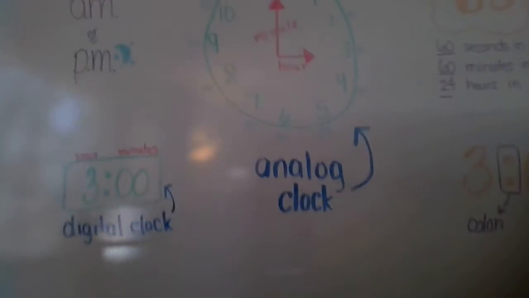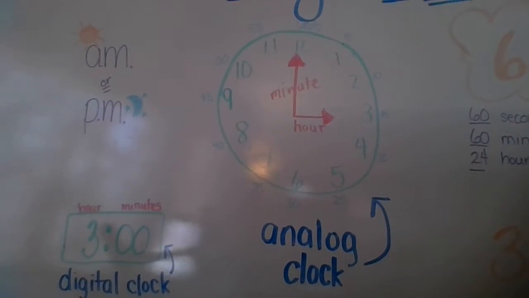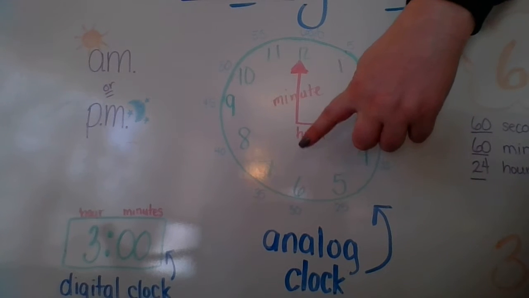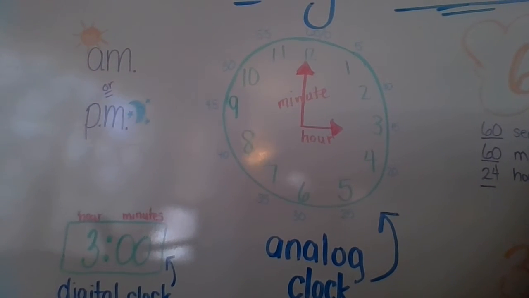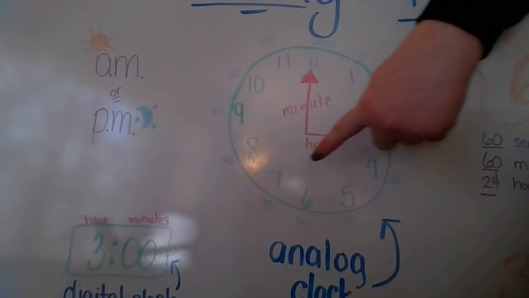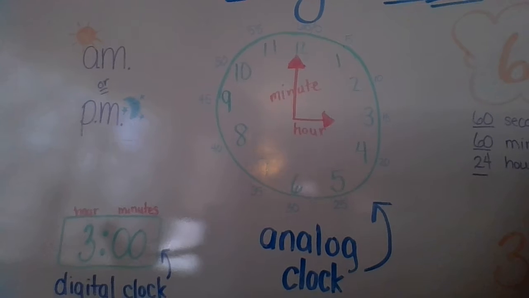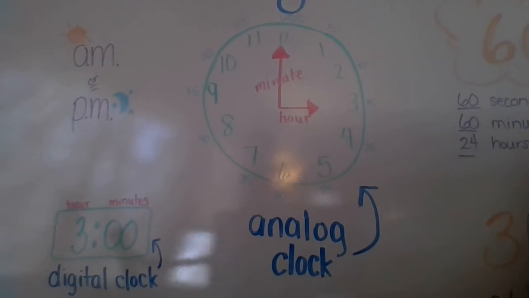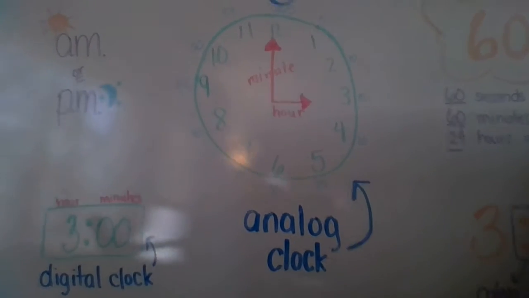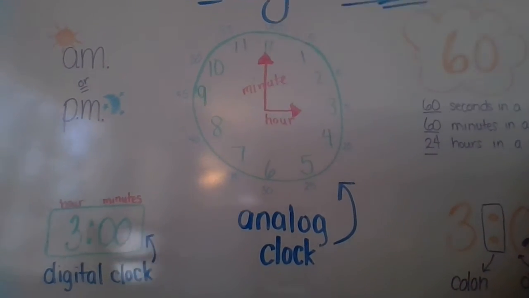So, look at my analog clock right here. We have two hands. We have a long hand, which tells us the minutes, and a short hand, which tells us the hours. So, this clock says 3 o'clock.